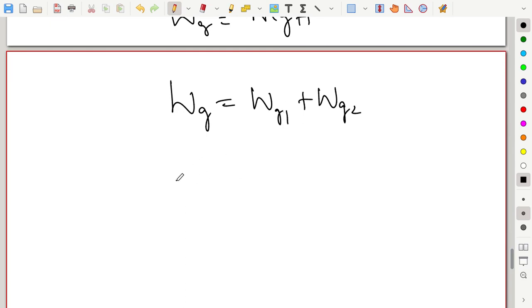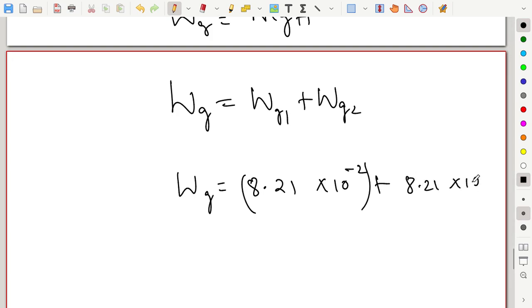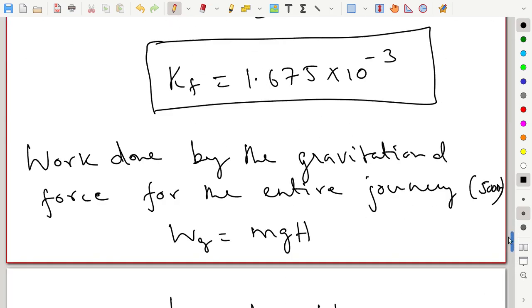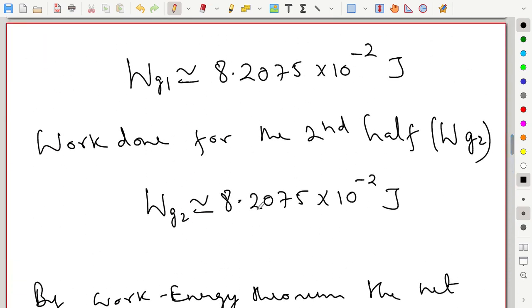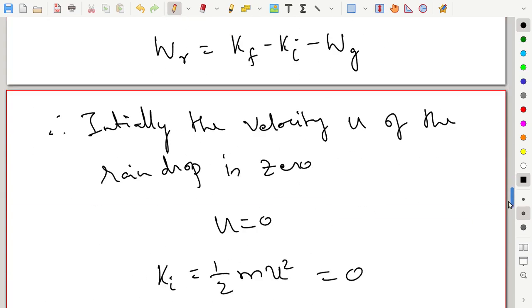And therefore this value is Wg equal to, so we have already calculated this value, and we know that the value of Wg1 is 8.2. Let me round off with 8.21 into 10 power minus 2. This value comes from what we have already worked out.